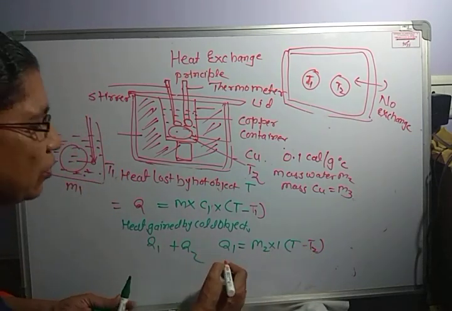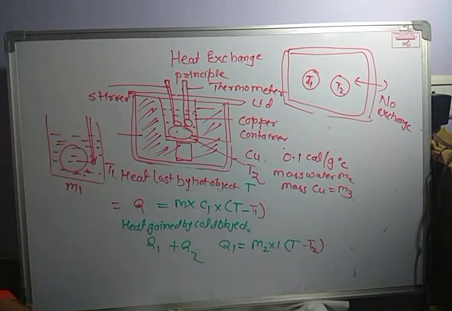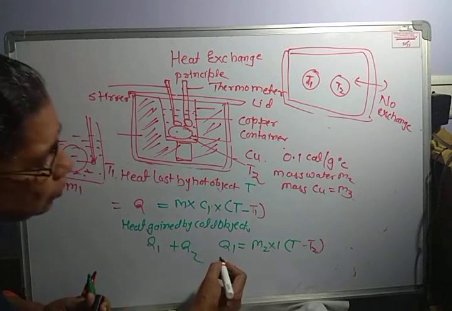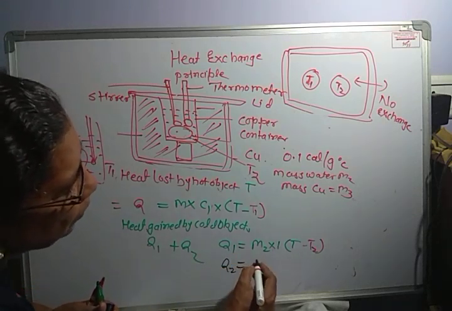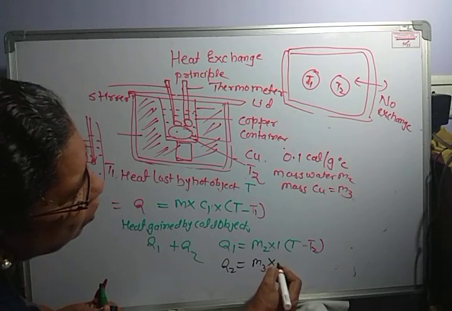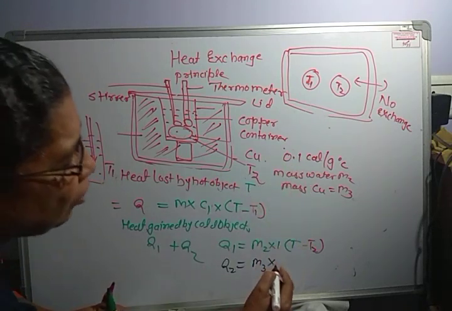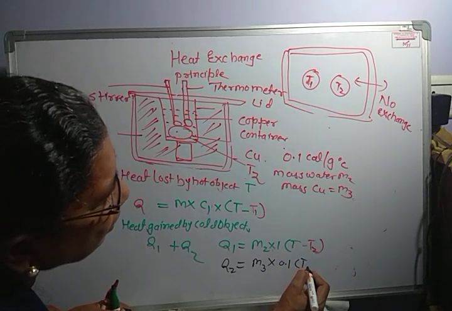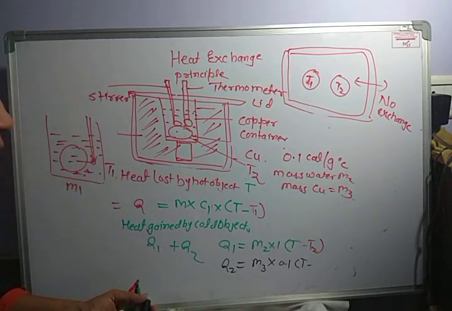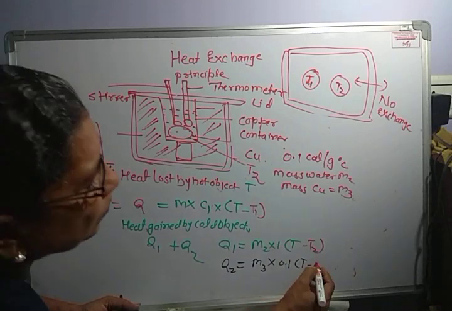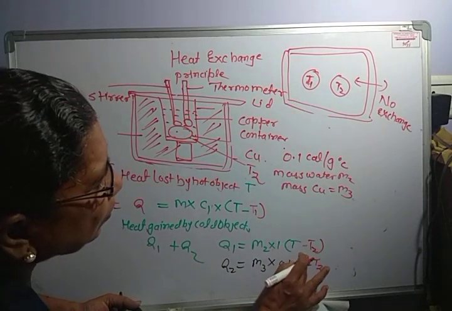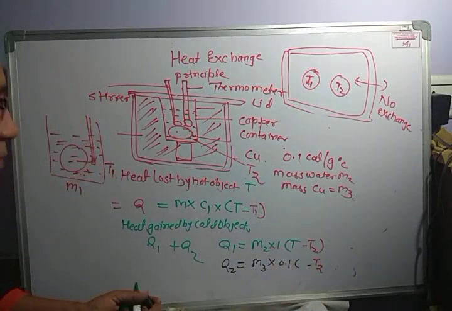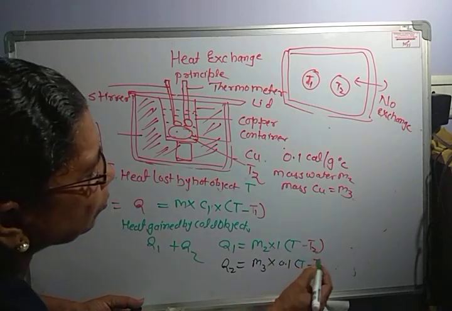And Q2 is equal to m3 into the specific heat capacity of the calorimeter we found out, 0.1, into T minus T2. It is the same for all objects.